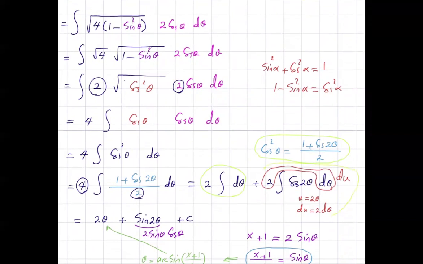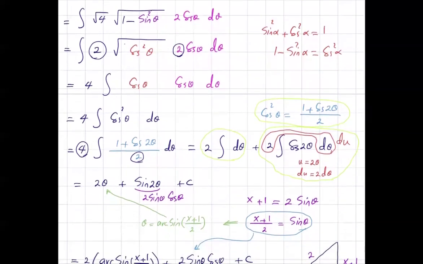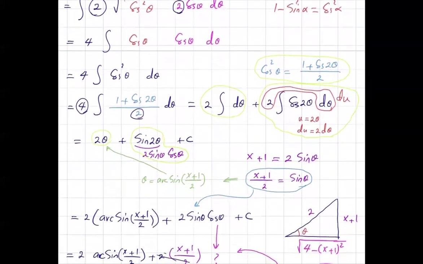For this integral, use u sub, u is 2 theta, du must be 2 d theta, you already have it. So the integral becomes 2 theta plus sine 2 theta, which in turn can be written as 2 sine theta cosine theta. We break down everything into smaller pieces because we want to use trig substitution at the end, and having a right triangle helps us to identify the value for cosine.